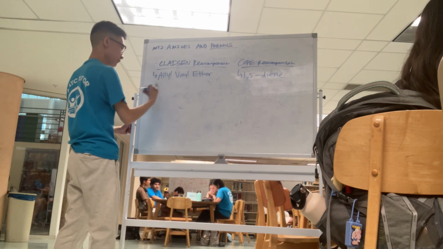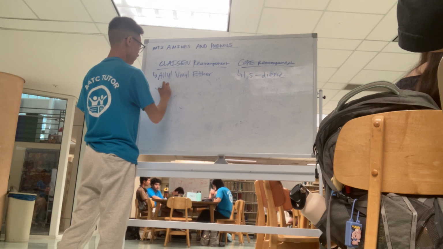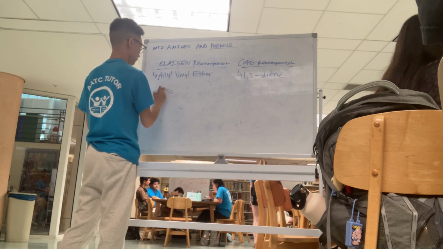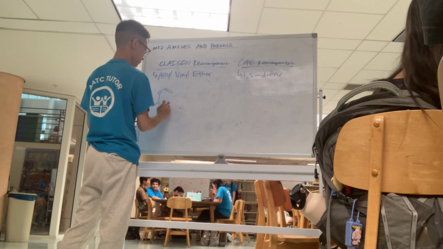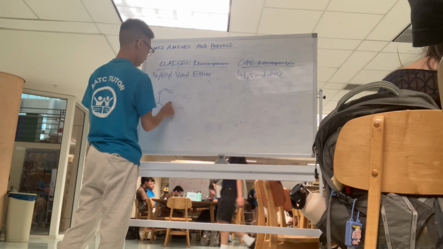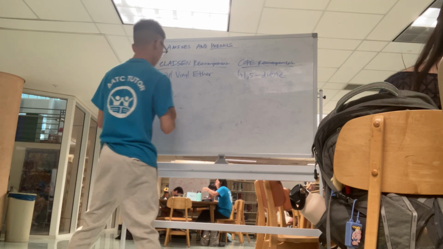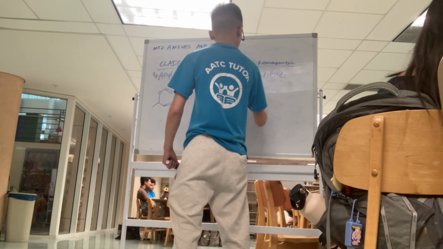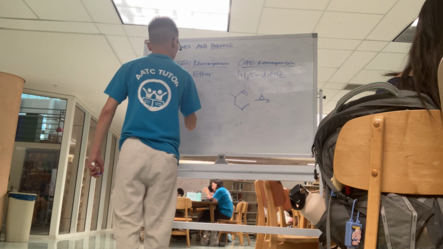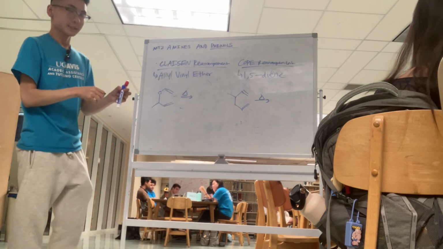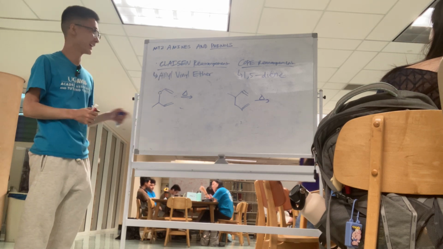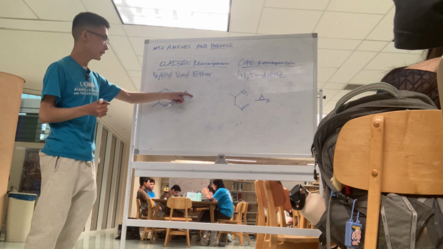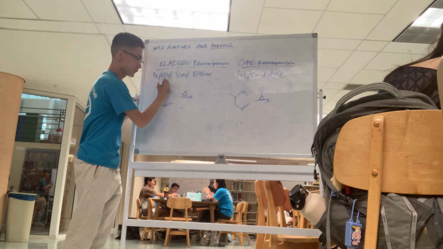So let's say we have, for Claisen, one of these rearrangement ones, an allyl vinyl ether, where this is the vinyl carbon.